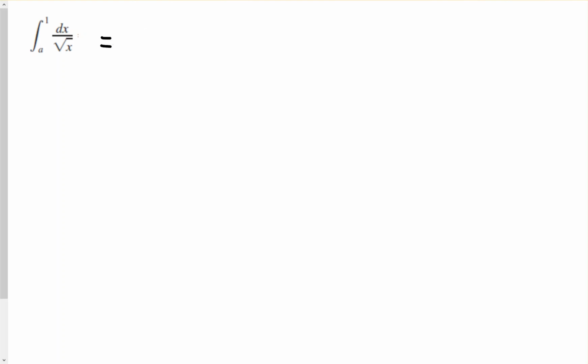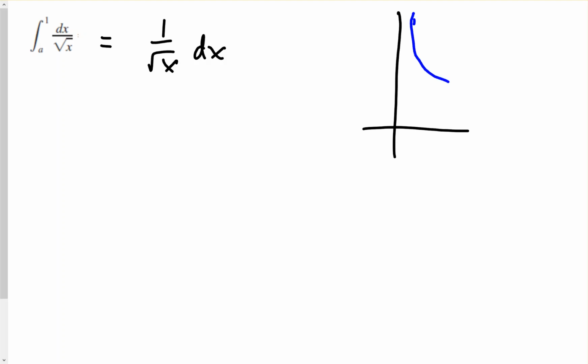So think about this. Now, this function, this is the function 1 over square root of x dx. If you were to do the graph of this function, this would have a vertical asymptote, right? And the graph would look, it would approach the vertical asymptote. It would look something like this.